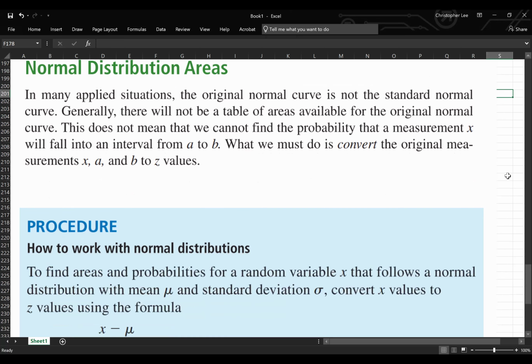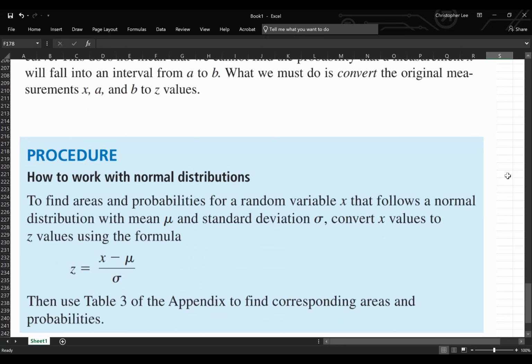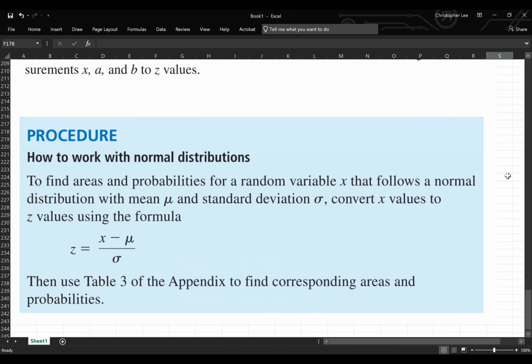So here's a procedure for how to work with normal distributions. To find areas and probabilities for a random variable X that follows a normal distribution with mean mu and standard deviation sigma, convert the X values to Z values using the Z formula. So Z equals X minus mu over sigma.